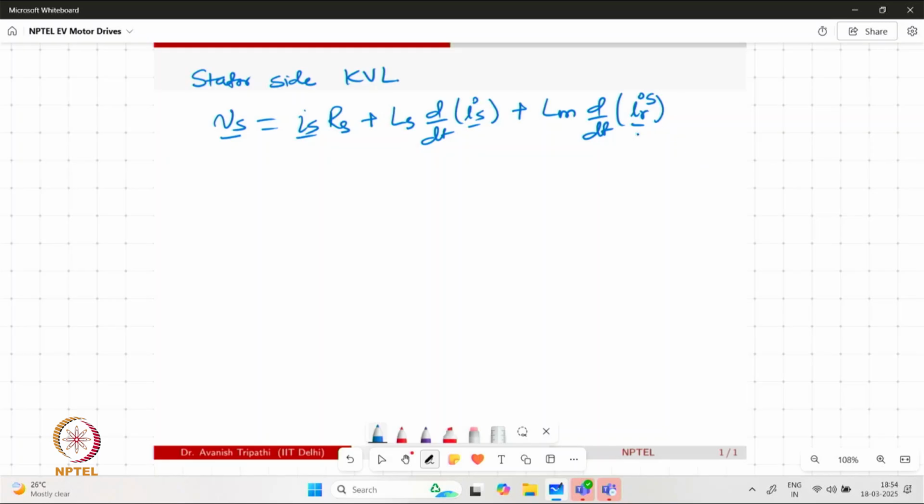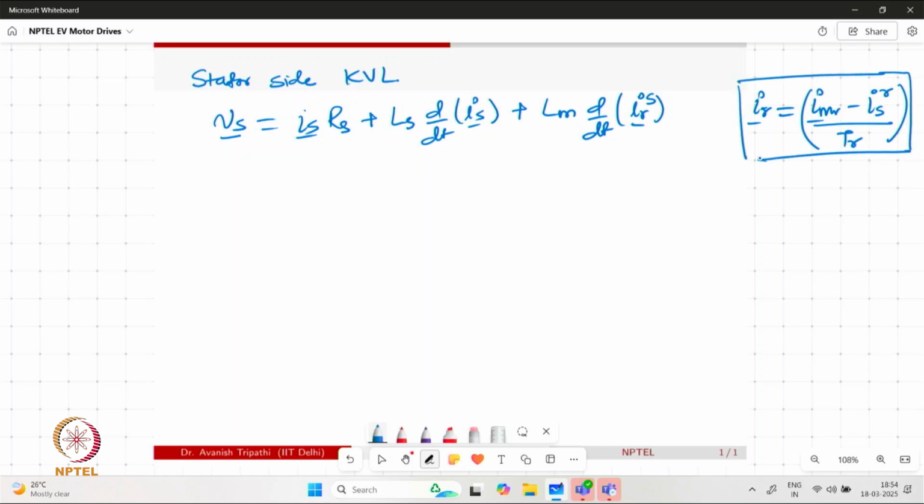Now, because of the aforementioned constraints, IR must be represented in terms of quantities which can be measured or estimated. So we have defined the rotor current in the rotor frame of reference in terms of IMR and IS by this equation. So here we have 1 plus sigma r.